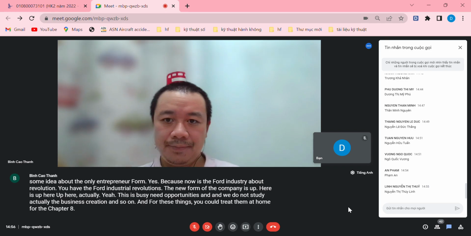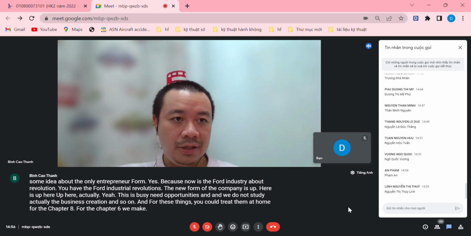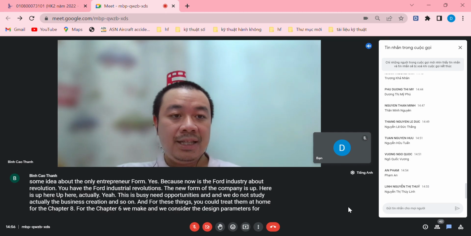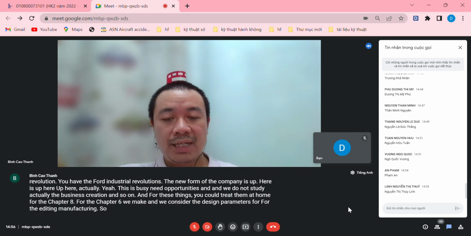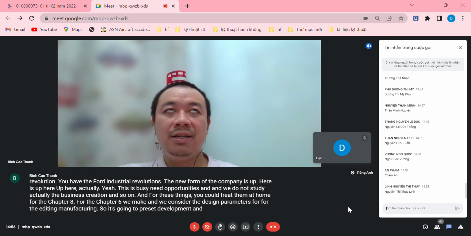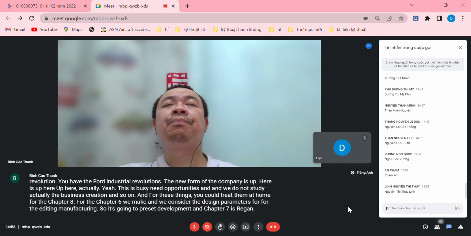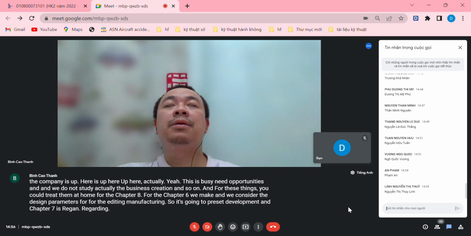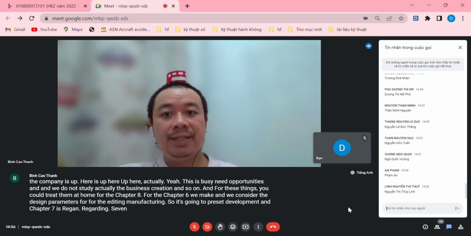For chapter 6, we consider the design parameters for additive manufacturing, so it's called process development, and chapter 7 is regarding post processing.